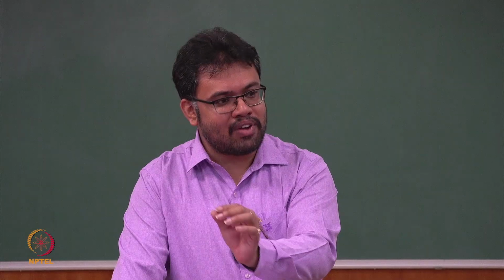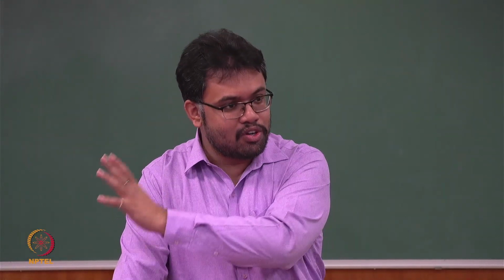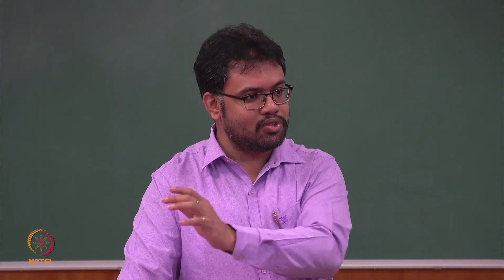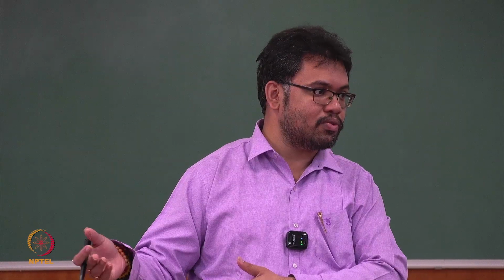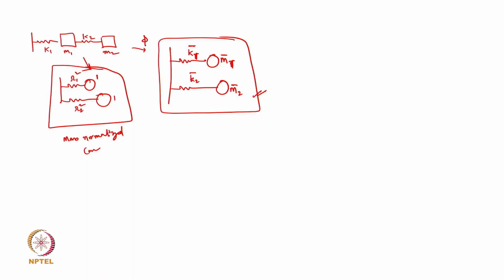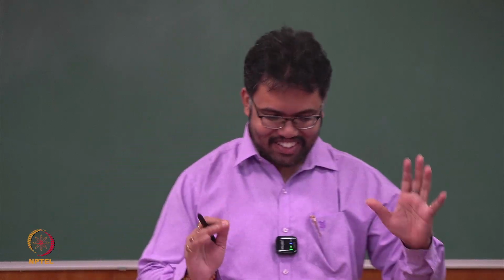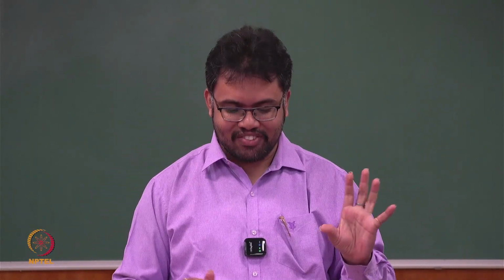Because we are talking so many things on orthogonality, that phi transpose m phi, that is, phi r transpose m phi j equal to 0, and phi r transpose m phi r equal to some value, then phi r transpose k phi j equal to 0, and phi r transpose k phi r equal to omega square. But where is that realization? Try to think about it, and please be very, very attentive.